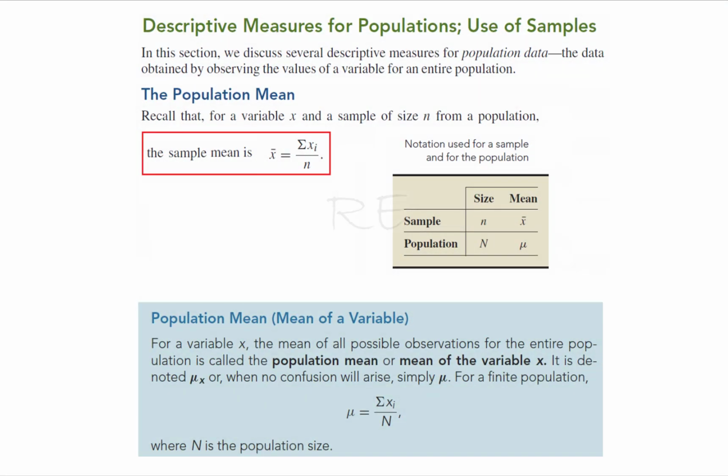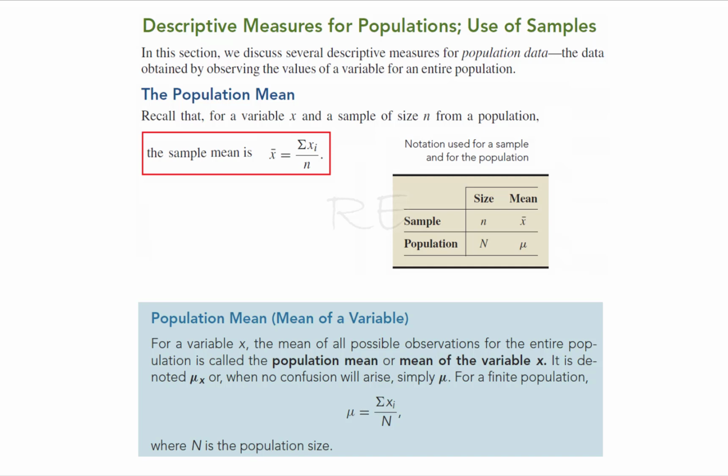We call that the sample mean, x bar, which is equal to the sum of all the observations xi divided by the sample size, lowercase n.